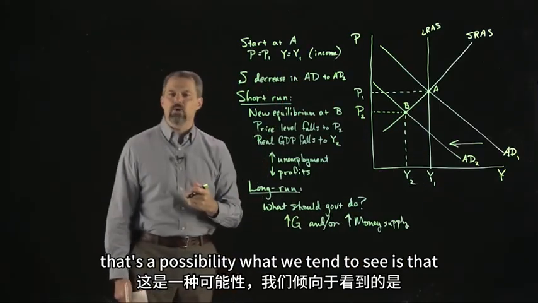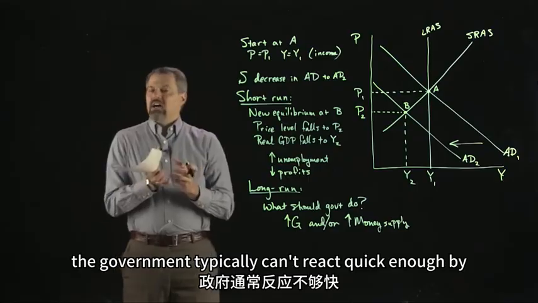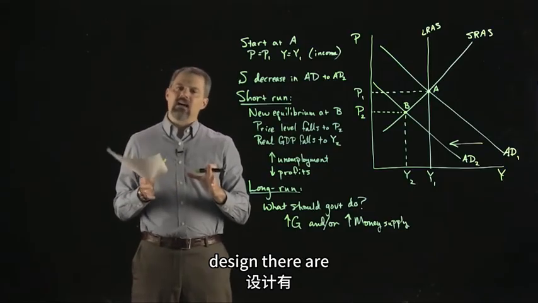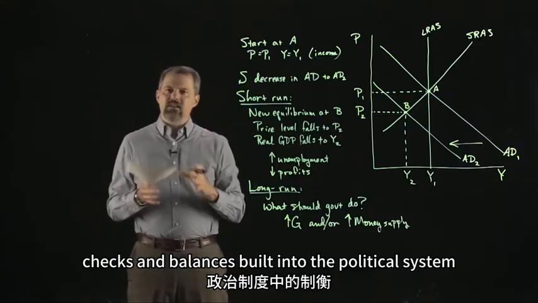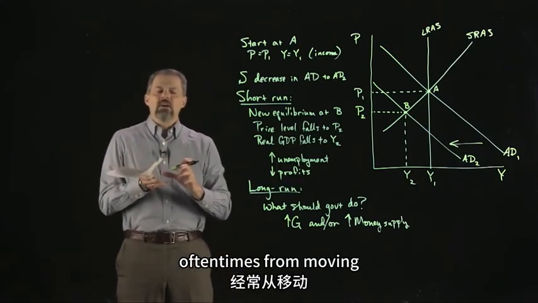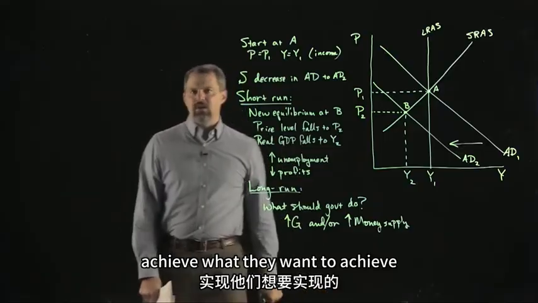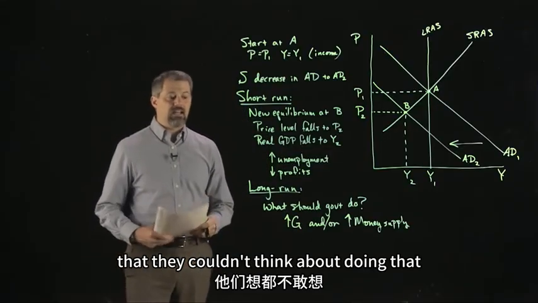That's a possibility. What we tend to see is that as a practical matter, the government typically can't react quick enough by design. There are checks and balances built into the political system that prevent the government oftentimes from moving rapidly enough to actually achieve what they want to achieve. But there's no reason theoretically that they couldn't think about doing that.